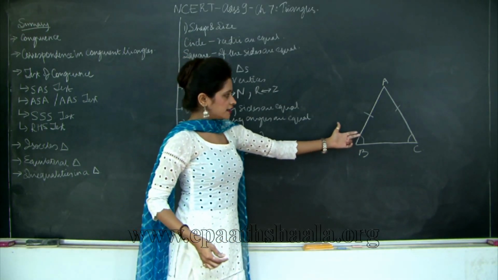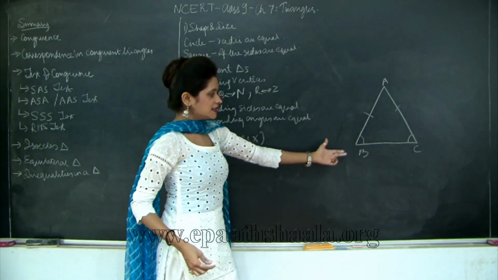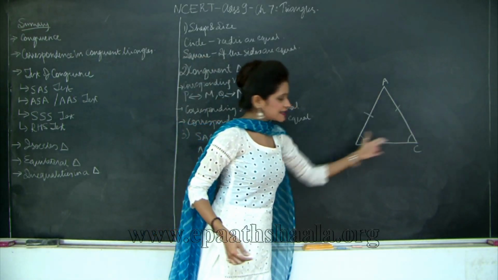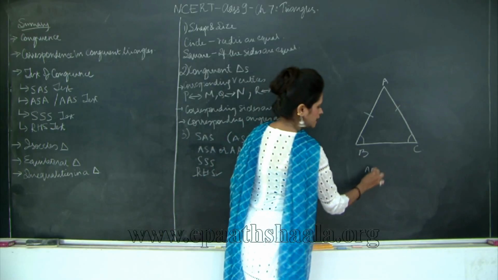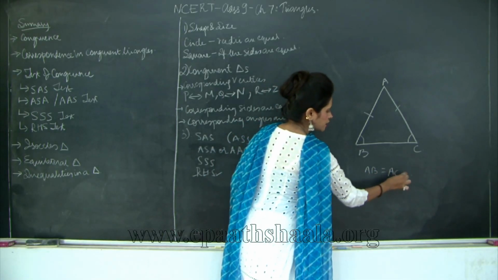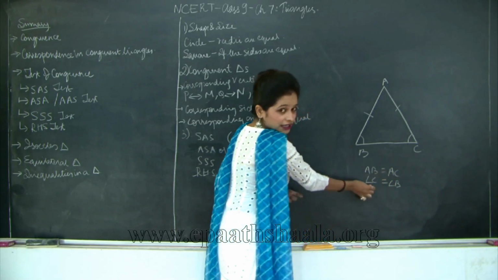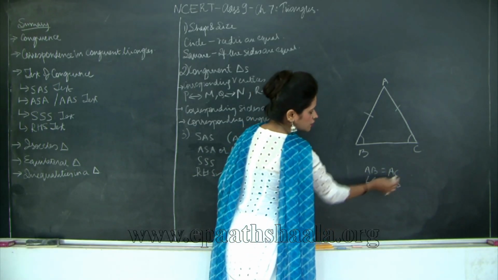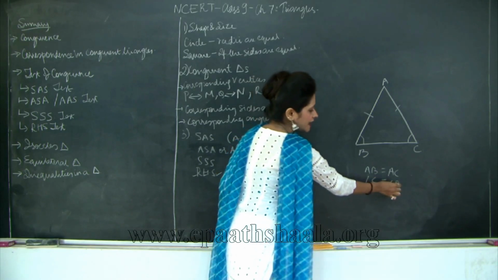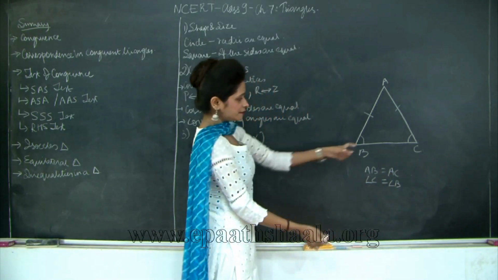Here AB is equal to AC, so angle C is equal to angle B, because C is opposite side AB and angle B is opposite side AC.